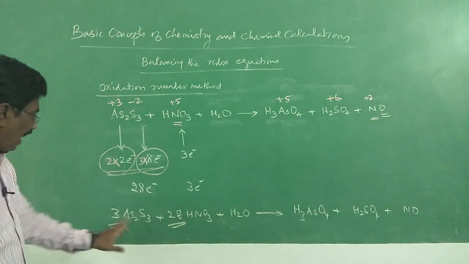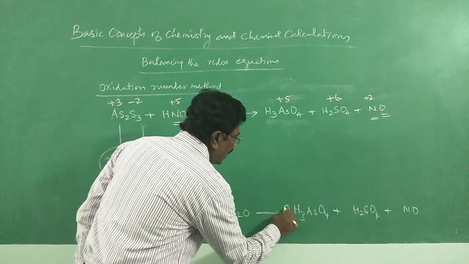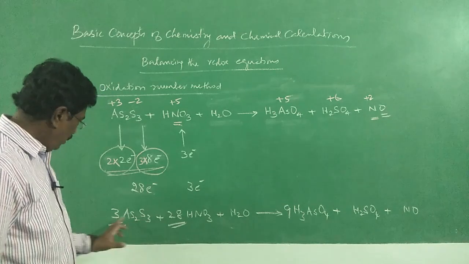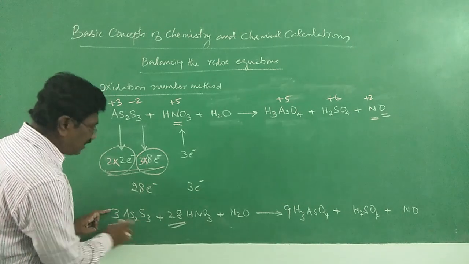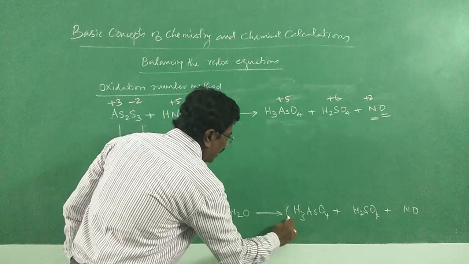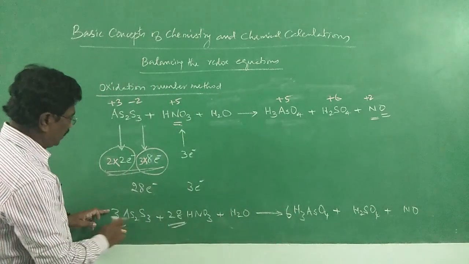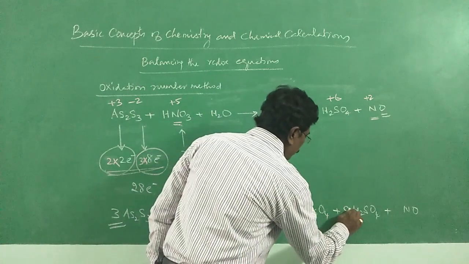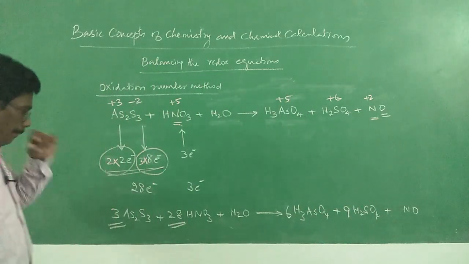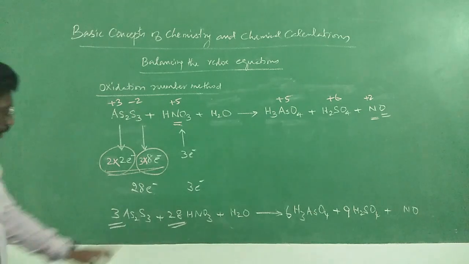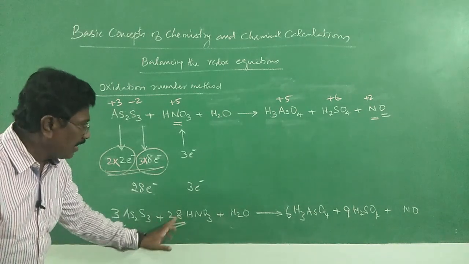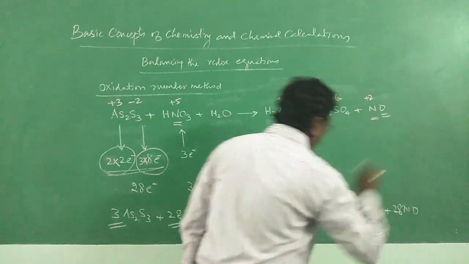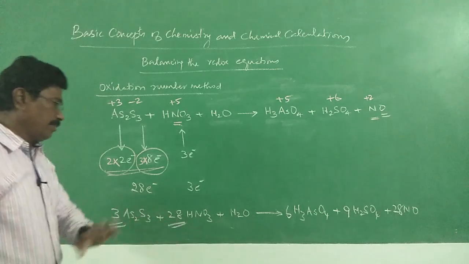6 arsenic atoms, therefore 6 H3AsO4. 3 into 2, 6. 9 sulfur atoms, therefore 9 H2SO4. All right. 28 nitrogen atoms, therefore 28 NO. Almost we have balanced everything except hydrogen.